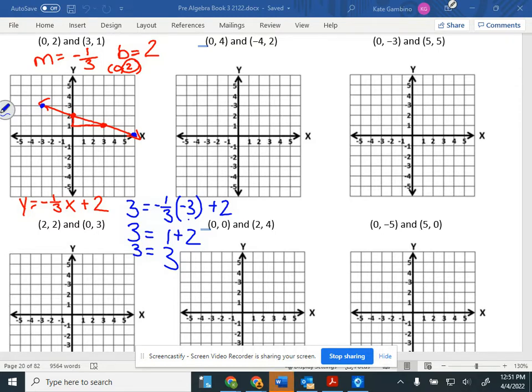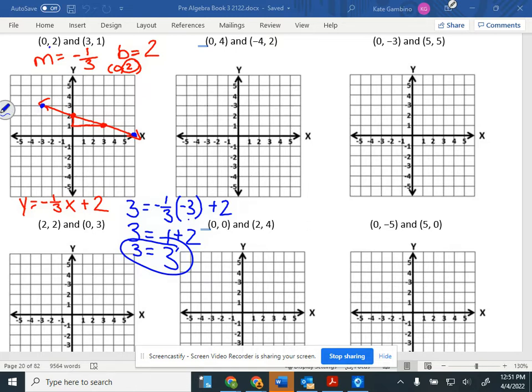I could take 6, 0, and it'll still work. Any ordered pair on that line, you plug it in, and you should get this number equals this number. It should be a true equation. That's how you check to make sure that you have the right slope-intercept form.